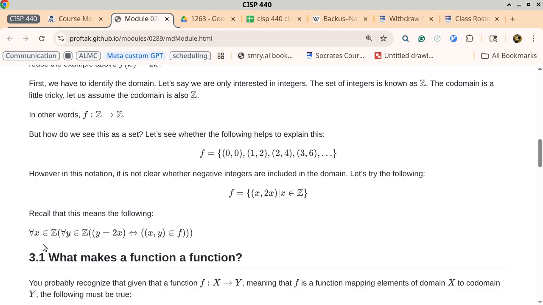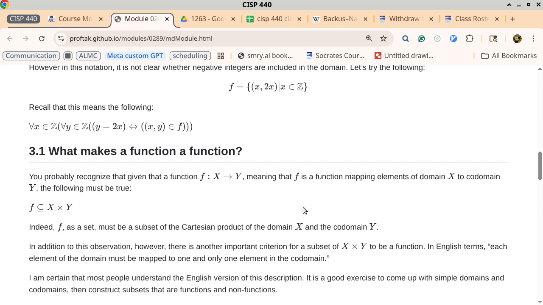All right. So with that said, technically speaking, what makes a function a function? I know this sounds really kind of stupid, because it sounds like circular reasoning. So what I should have said is: what makes a set a function?